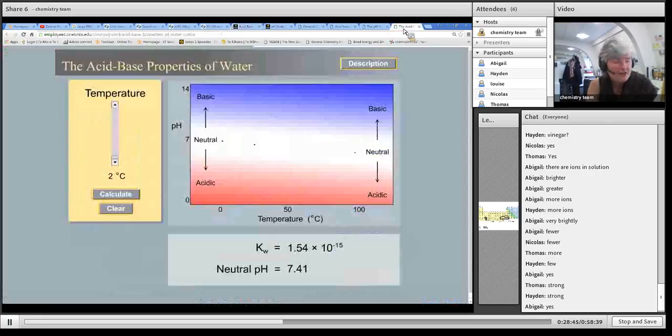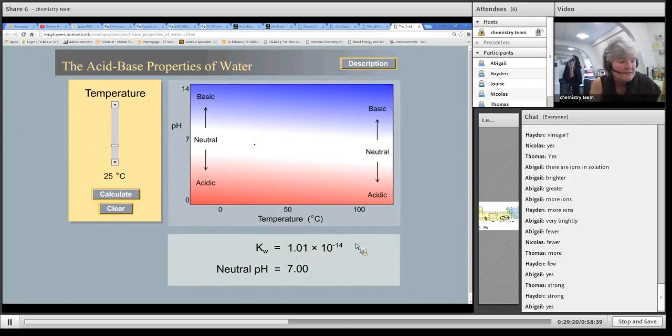So going back to what I was showing over here, at 25 degrees, okay, that is 10 to the minus 14. It should be, I haven't perhaps got it quite exactly on there. But basically at 25 degrees, my equilibrium between my hydronium and hydroxide particles to all my water molecules is 1 times 10 to the minus 14.